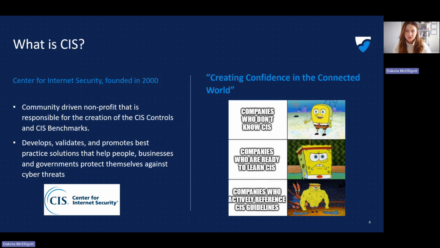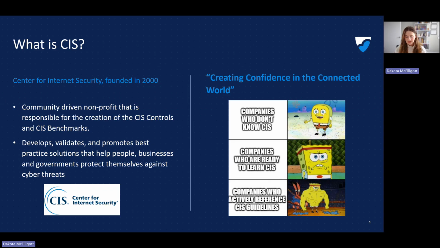Everything that CIS publishes goes through a really rigorous process. They bring together experts from government, security vendors, academia, and industry as a whole to validate what best practices should look like. The whole mission is around helping people, businesses, and governments protect themselves against cyber threats in a really practical and prioritized way.